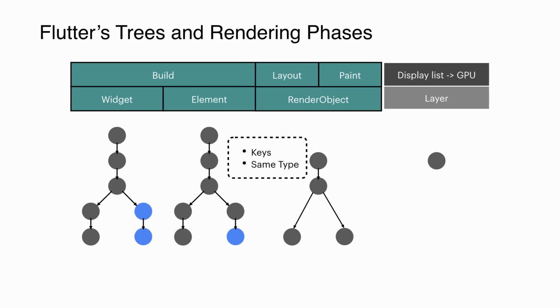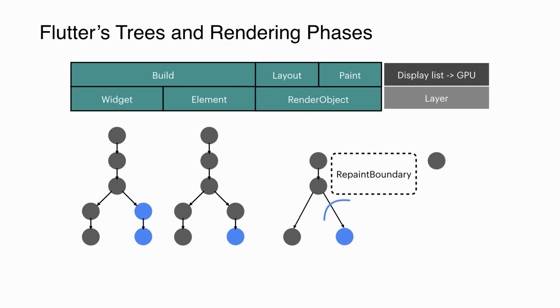So again, this is why Flutter is performant, and another instance where Flutter is smart about updating its render trees. And we can manage this more by using keys and making sure that we are using the same types. So not changing our widget tree to have different types at different locations in the tree. And by types, I mean not switching a container for a size box without having a reason to do that.